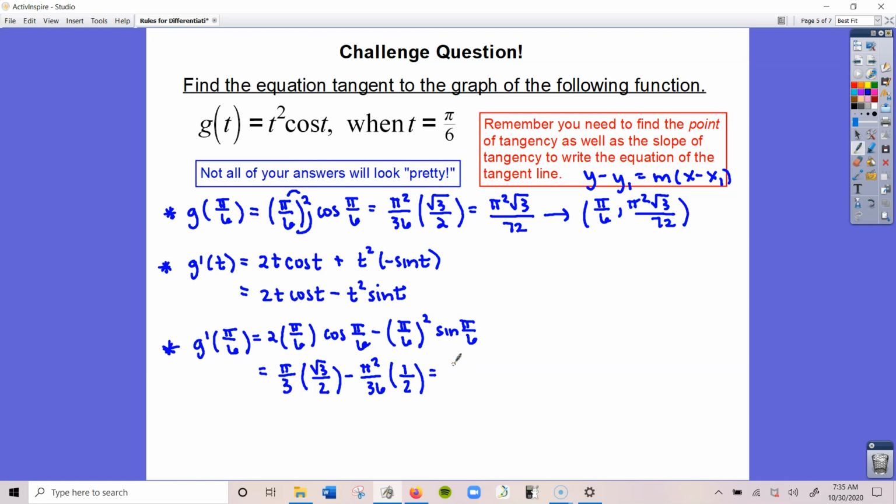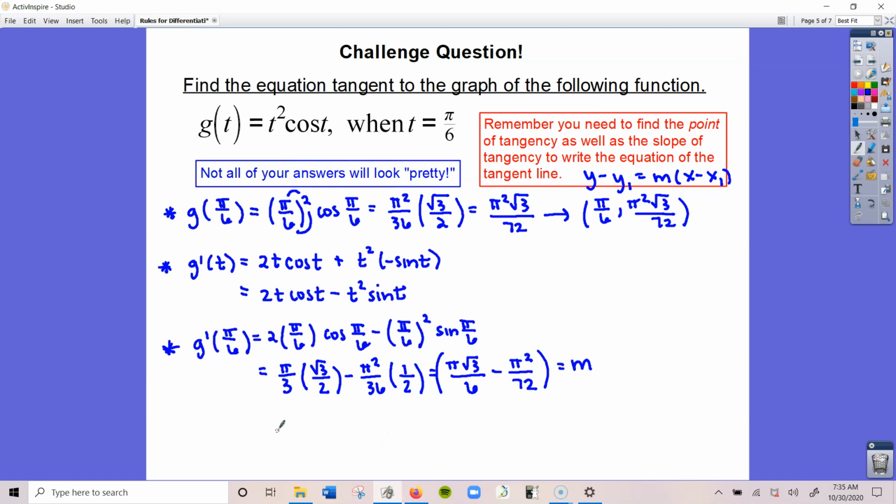Over here, we have pi square root of 3 over 6 minus pi squared over 72. This is my derivative. I can't combine anymore because first of all, we have pi times the square root of 3 minus pi squared. It's a little complicated. So we can just leave our derivative like that. So this represents our slope.